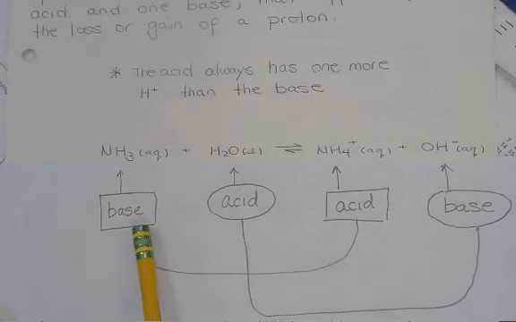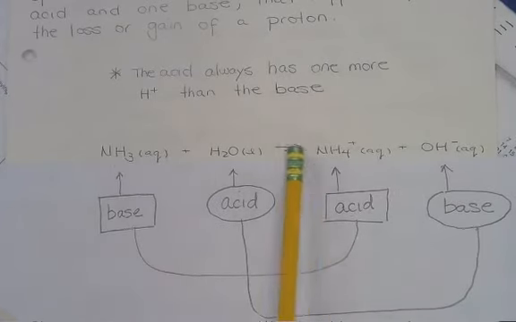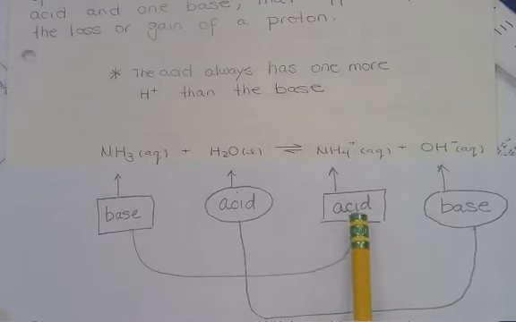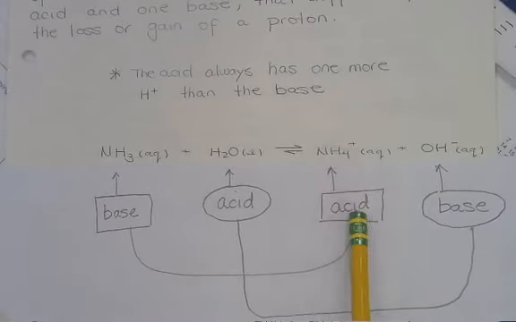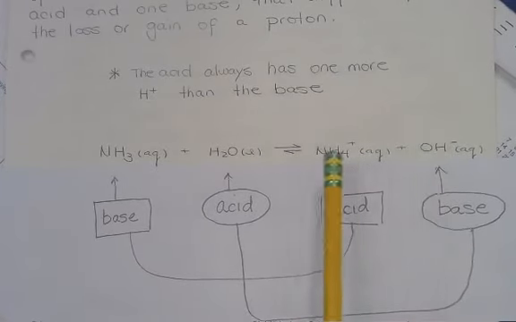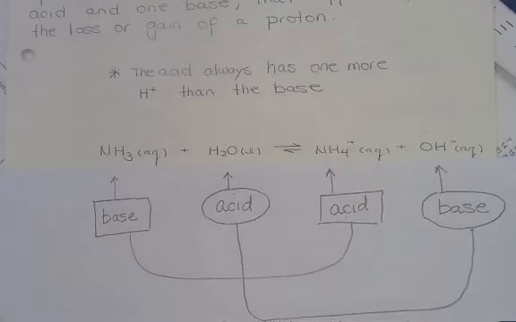And remember, what you're looking for is the same molecule, basically, where they differ just by one proton. And the guy with the more protons is the acid in each case. Check here to here. He's got one more than him. Check here to here, she's got one more than her. Okay? Acid is always going to have one more proton than the base.